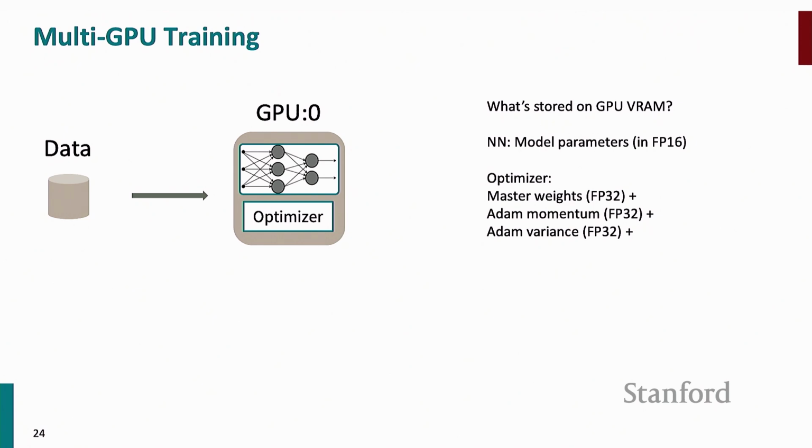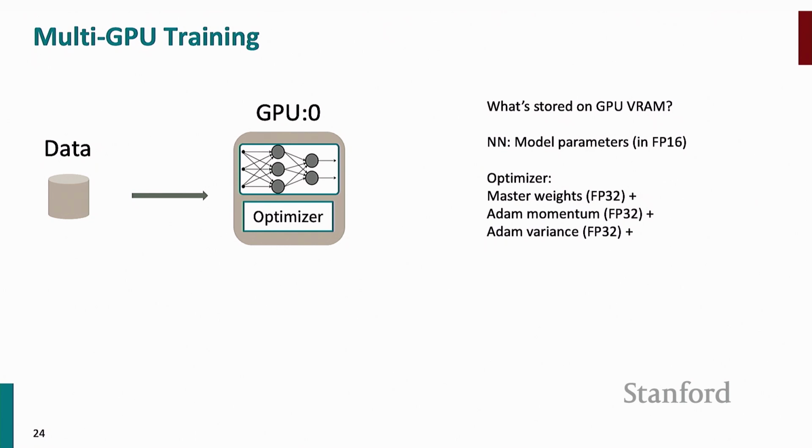Okay. So here's a cartoon showing a model and an optimizer receiving some data from a data set, okay? And let's work through what's stored on GPU VRAM, okay? This is going to be somewhat of a lie, and I will point out what my lie is soon. But just to keep things simple, we have the neural net parameters. Let's say we're doing mixed precision training, and so it's stored in FP16. And then we have an optimizer, okay? When I first saw this a few years back, I was very surprised to see that optimizers also need memory.